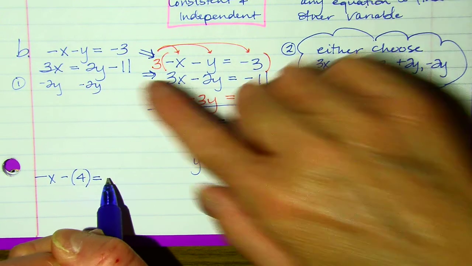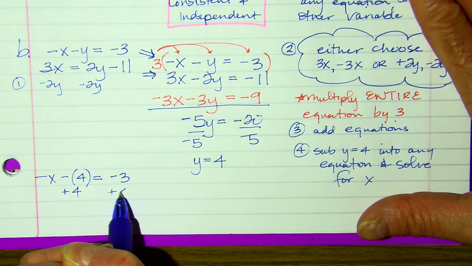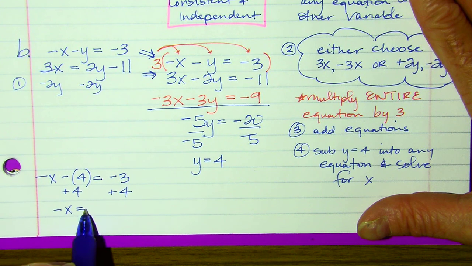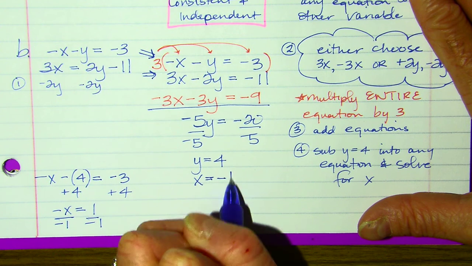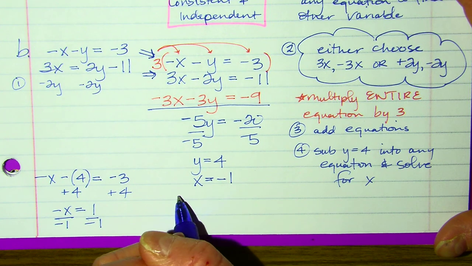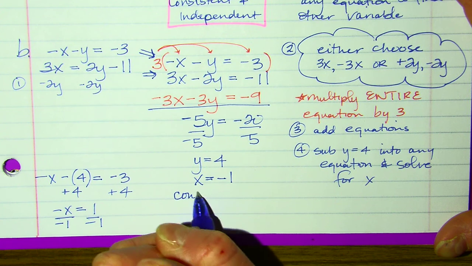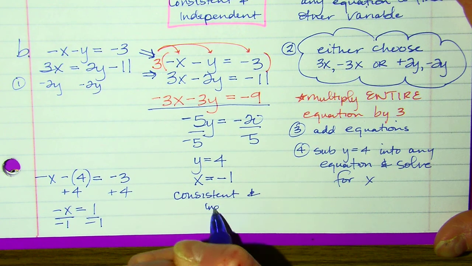So equals negative 3. I would have to add 4 to both sides, so negative x equals 1 divided by negative 1, and I get x equals negative 1. So I'm going to leave it like that, and then I'm going to write that there is one solution, so this is also consistent and independent.